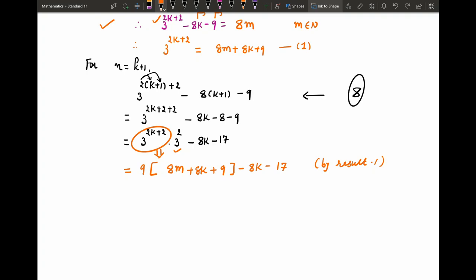Here for the first term there is no problem, 8 is a coefficient.